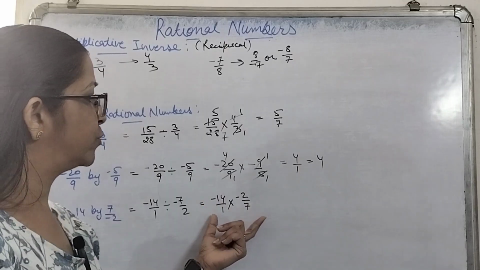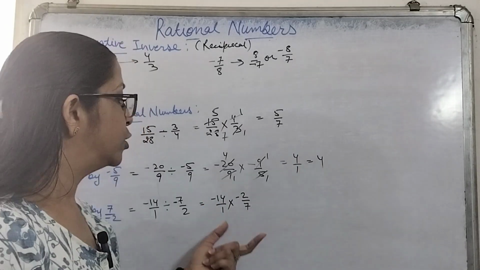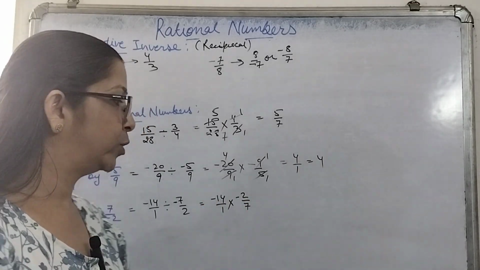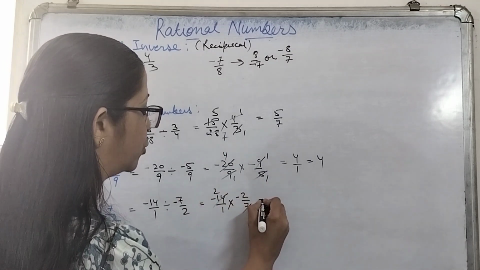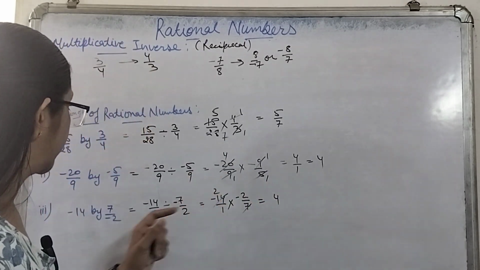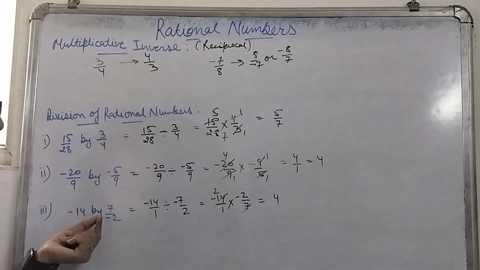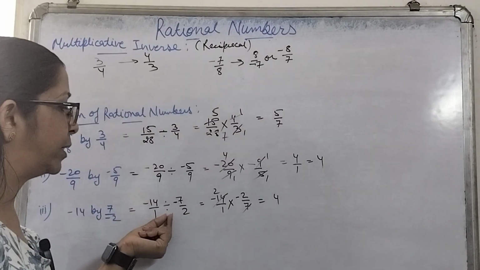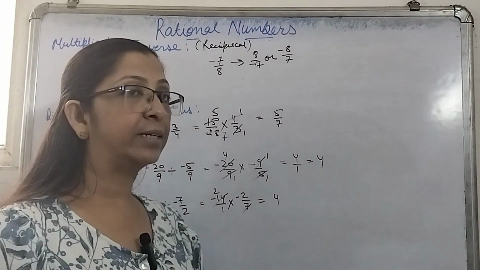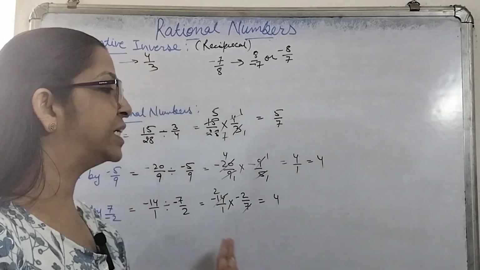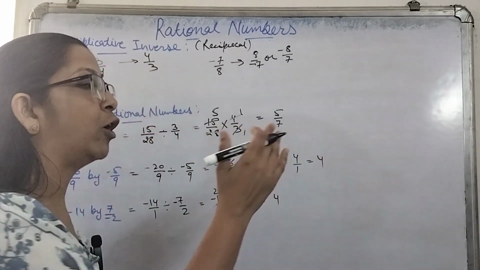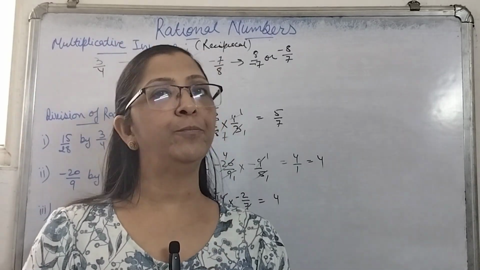Again, both the numbers which we are multiplying are negative, so the final product will be positive only. 7 twos are 14. Minus 2 multiplied by minus 2 will be positive 4. So this is how we can divide. Instead of division, we can convert it into multiplication, and then take the multiplicative inverse of the divisor. Both mean the same: dividing the number or multiplying by its multiplicative inverse.